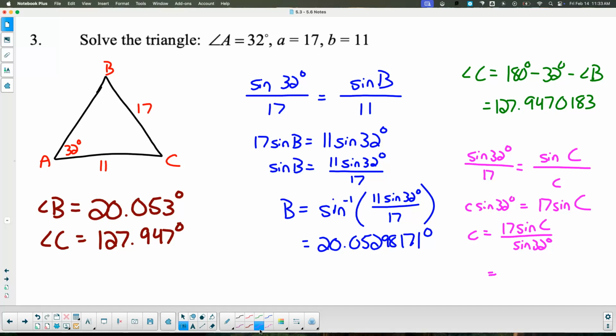I'm going to take the sine of that one. So that's my sine C. Then I'm going to multiply that by 17. Then I'm going to divide that by the sine of 32 degrees. And I get 25.29792023, which gives me side C here is 25.298.